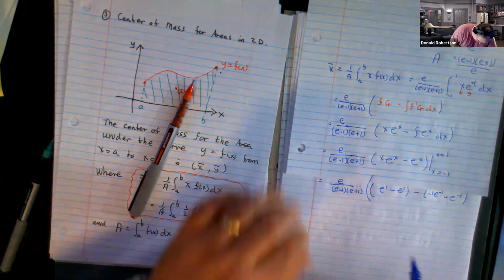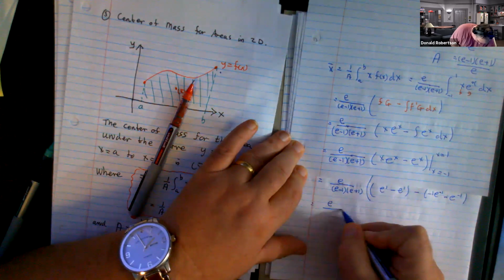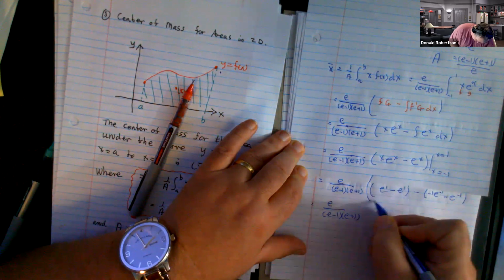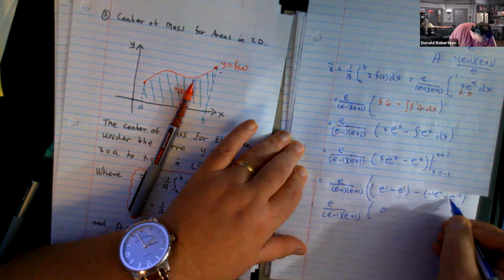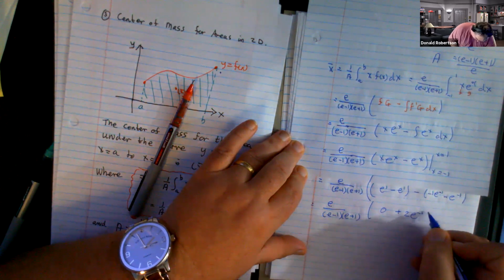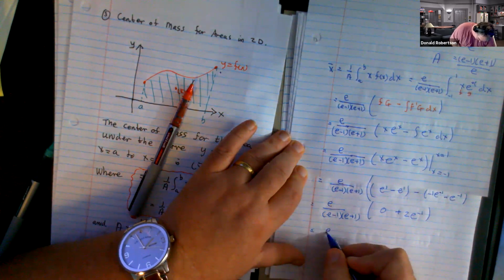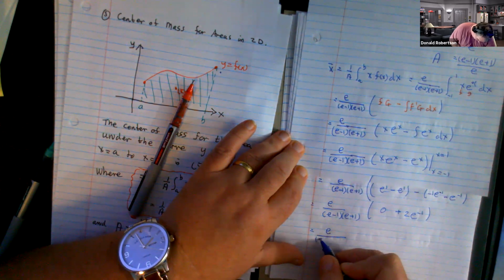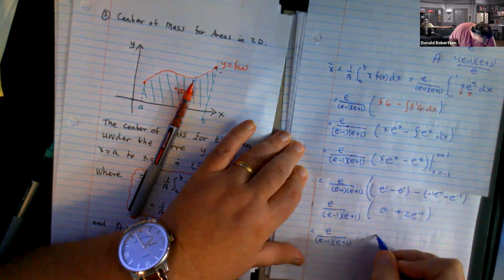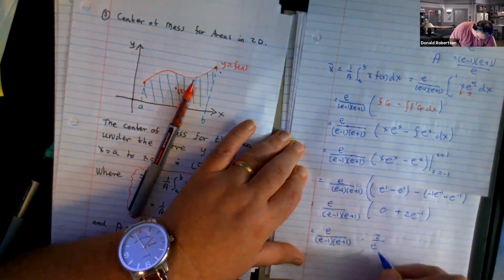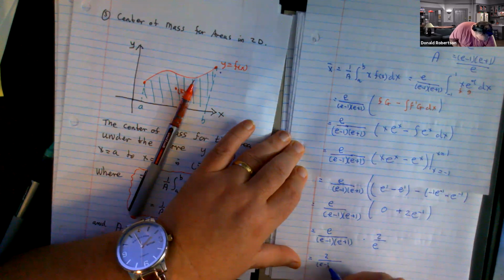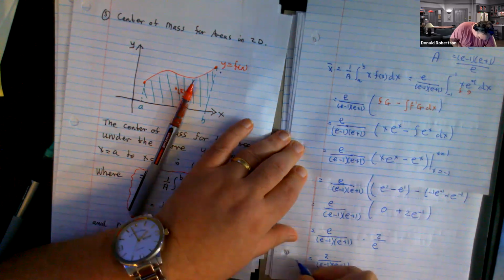But I'll continue. This guy is 0. This guy is -2e. You get +2e to -1. Oh, it's going to be nice. I thought it wasn't. But that guy's the same thing as 2 over e, which then cancel. And you're now left with x bar.